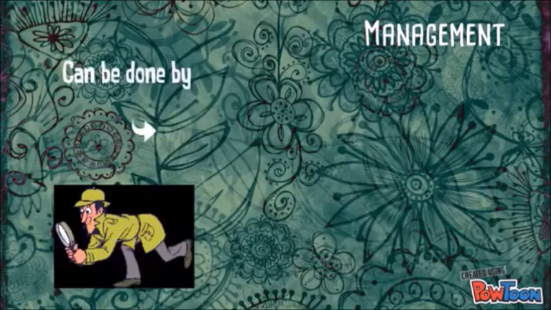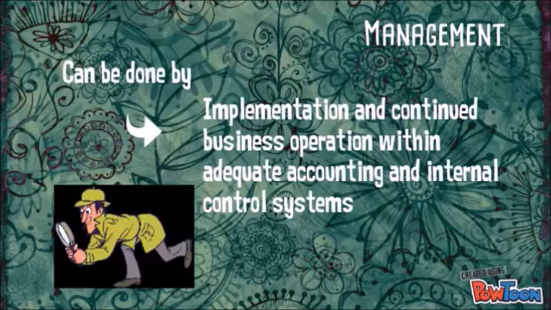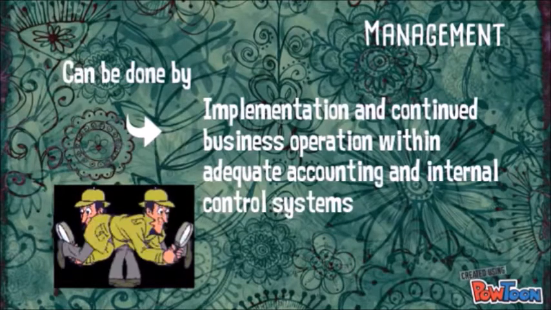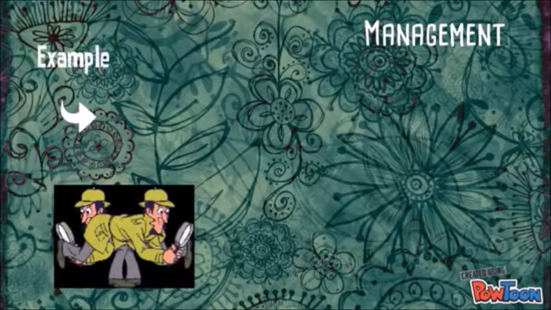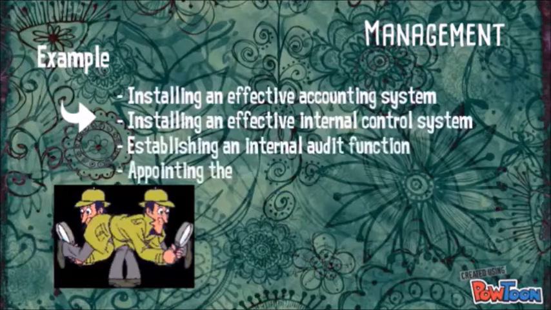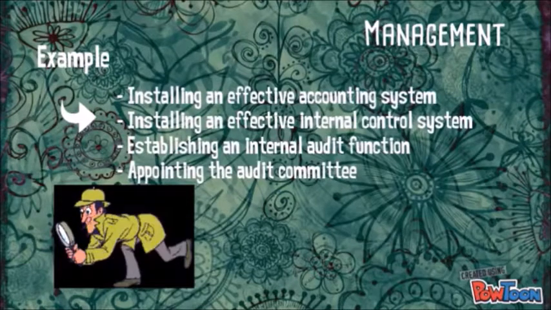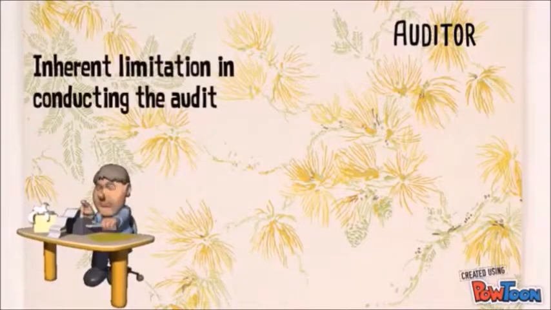It can be done through implementation and continued business operation with adequate accounting and internal control systems. For example, installing an effective accounting system, installing an effective internal control system, establishing an internal audit function, and appointing the audit committee.